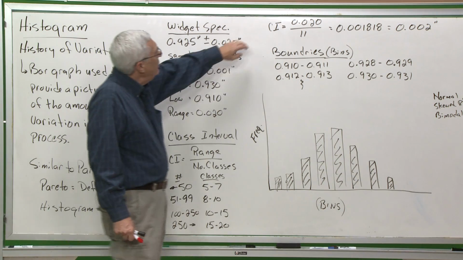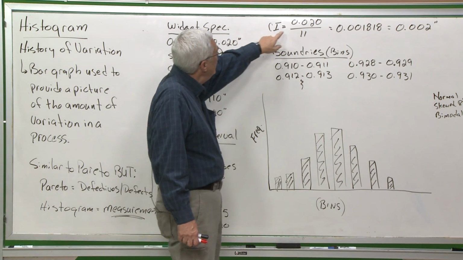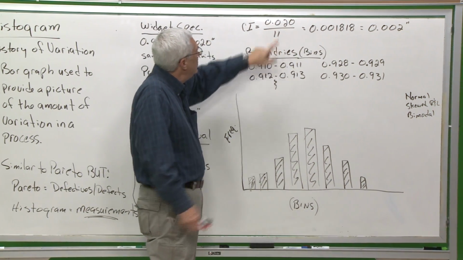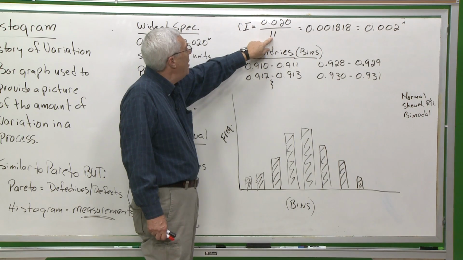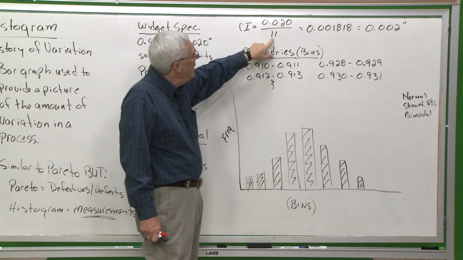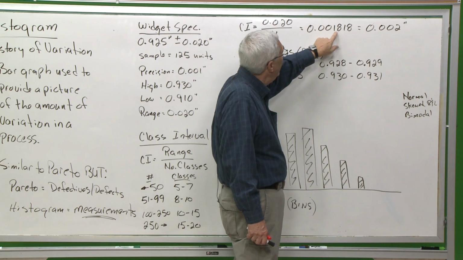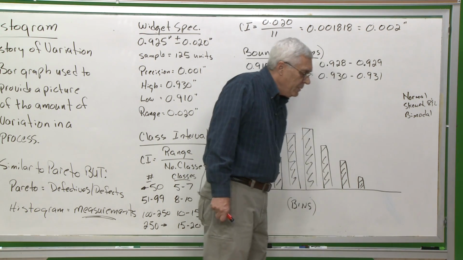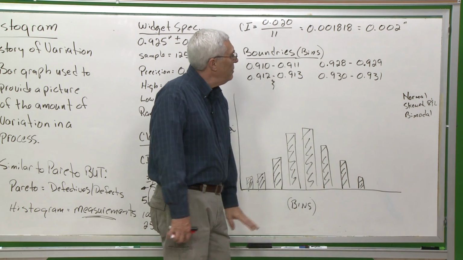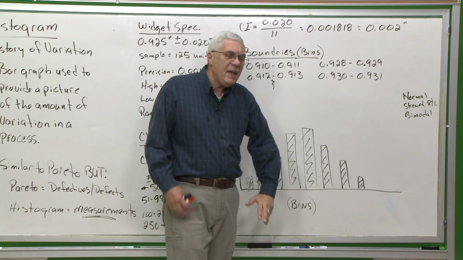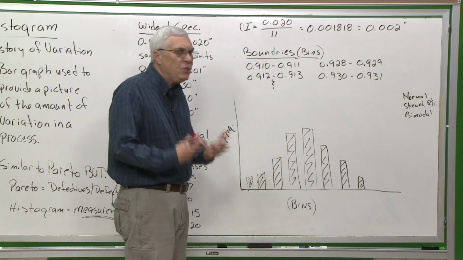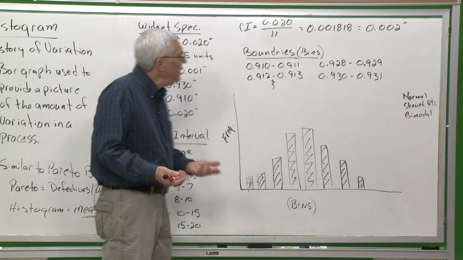So I'm going to calculate the class interval now. I'm going to take the range, which is 20 thousandths, divide it by my 11 classes, and lo and behold, what I get is 0.001818. It's a repeater. But what I have to do, and remember we've talked about this before, is I absolutely must work to the precision of my spec.